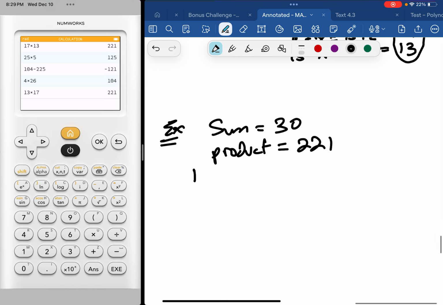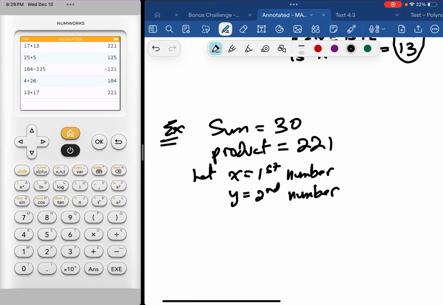If we let x equal the first number and y equal the second number, then the sum of those two values would be x plus y is equal to 30. The product would be x times y is equal to 221.